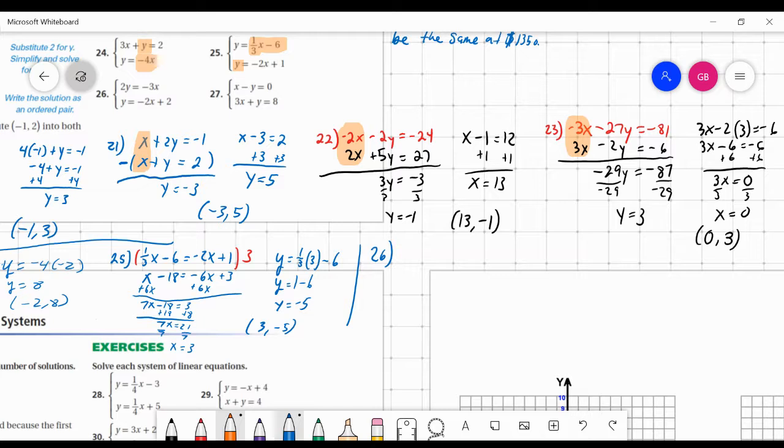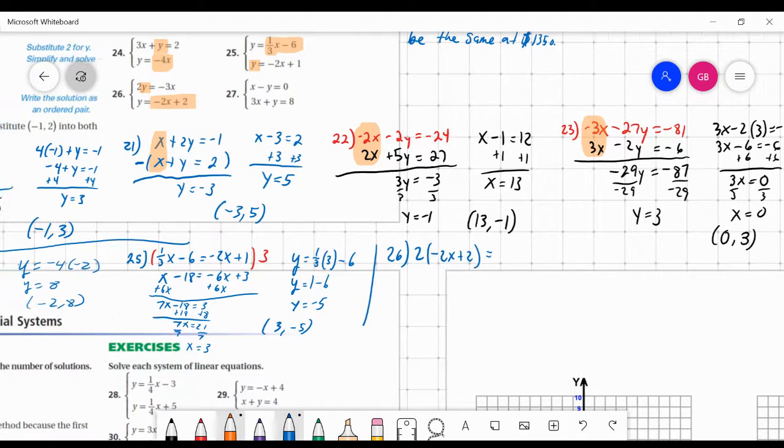For 26, again, y is 2x plus 2, so I'm going to plug it in here. 2x plus 2 is equal to negative 3x. Distribute: negative 4x plus 4 is equal to negative 3x.